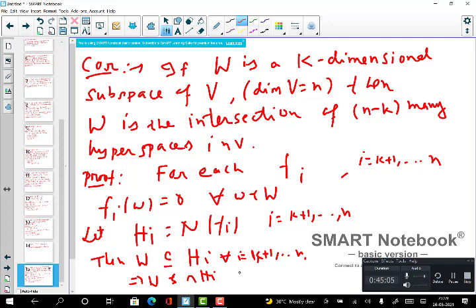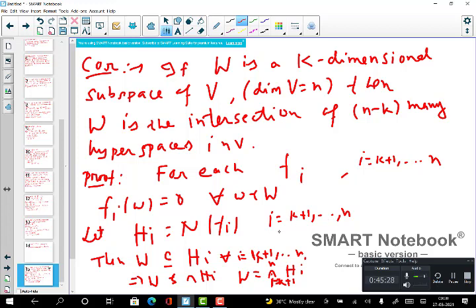So W is actually the intersection of the null spaces of those f_i. And how many such f_i are there? i equal to k plus 1 to n. How many such are there? n minus k many exactly, right?